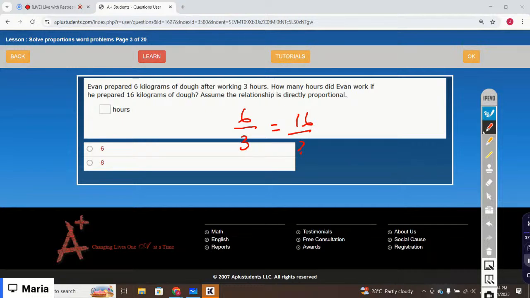So just cross multiply and solve for x: 6 times x equals 16 times 3. X equals 16 times 3 over 6. So 3 times 1 is 3, 3 times 2 is 6, and 2 times 1 is 2, and 2 times 8 is 16. So 8 it is. Correct option is option number 2, 8 it is.